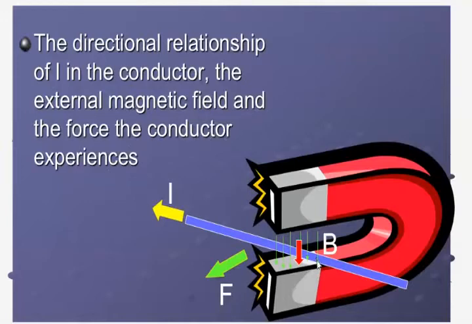Remember, here it is a directional relationship. Right now this is the north pole and this is the south pole of the horseshoe magnet, and the magnetic field right now is from north to south, indicated by the arrow. So this is the magnetic field B in this direction, and the current in this conductor is in this direction, I. Now we have to decide the force.